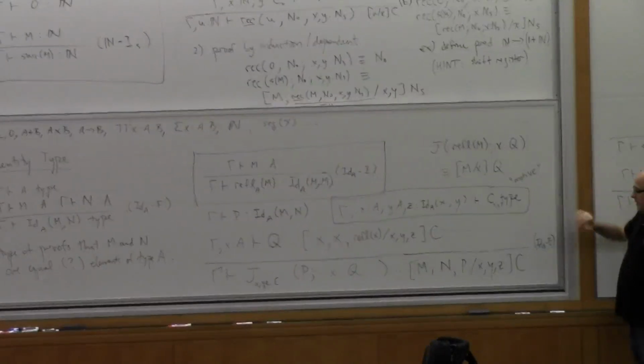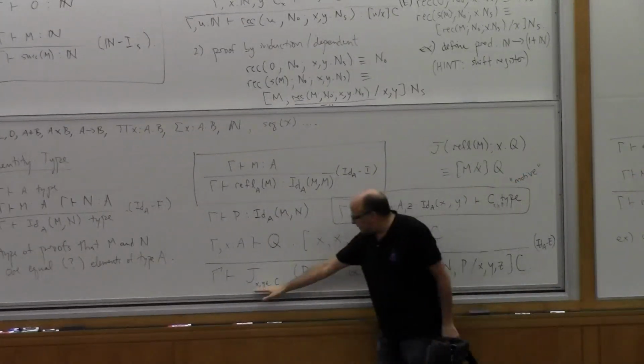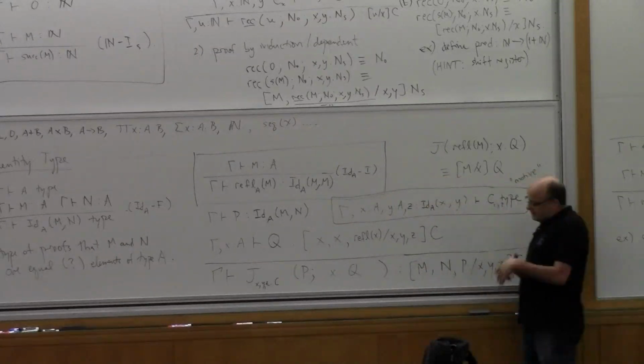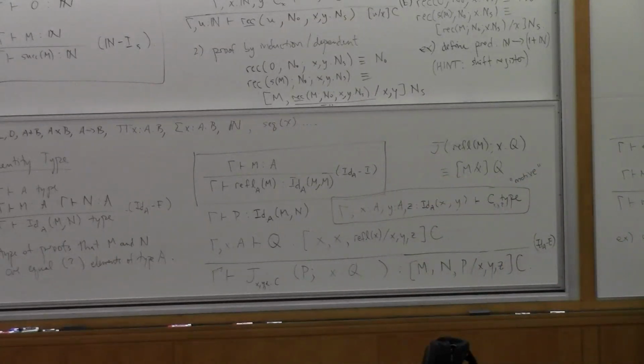So often the motive is written as a kind of subscript on J. That's a technical detail about the syntax that I'm being rather cavalier about in my lectures because you can't deal at such a level of detail all the time. But often people will put the motive on J. So that's called the J, or identity elim.